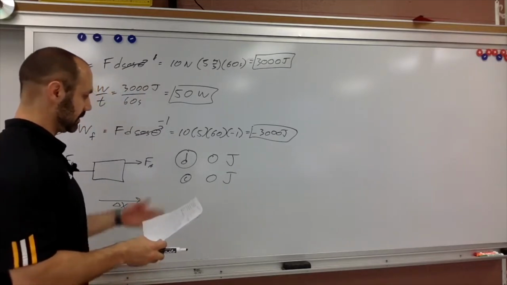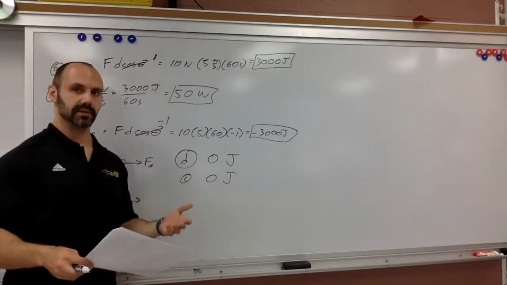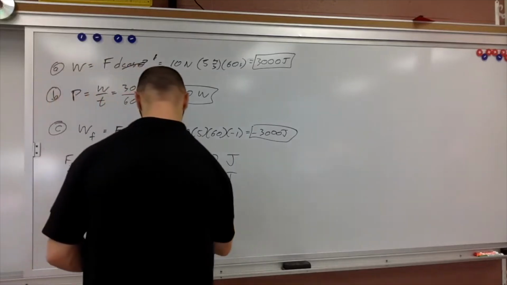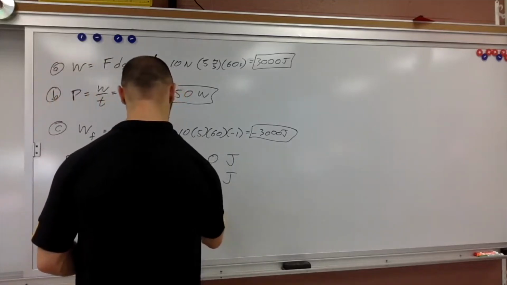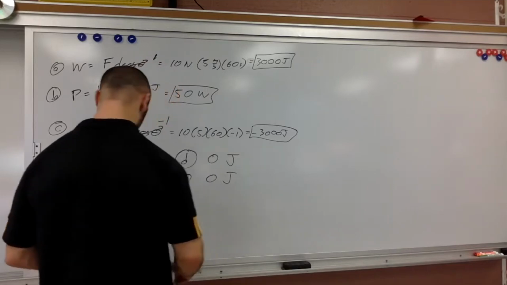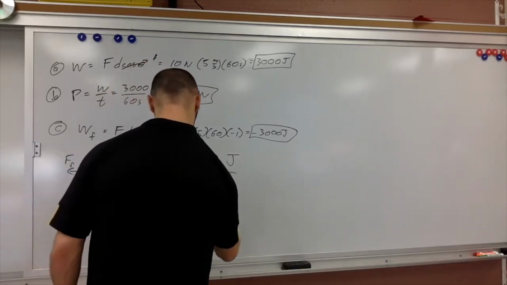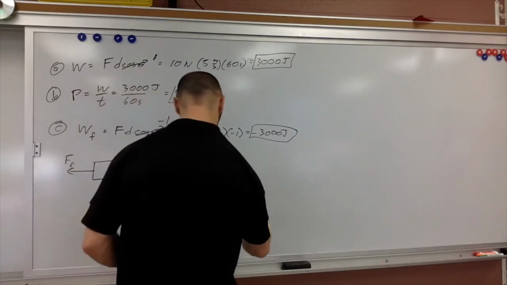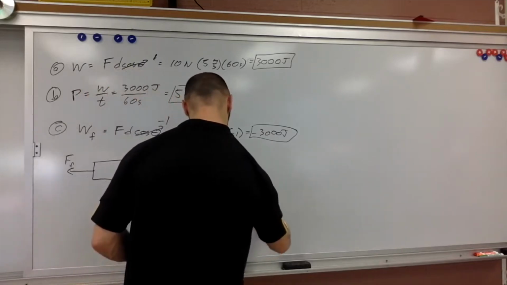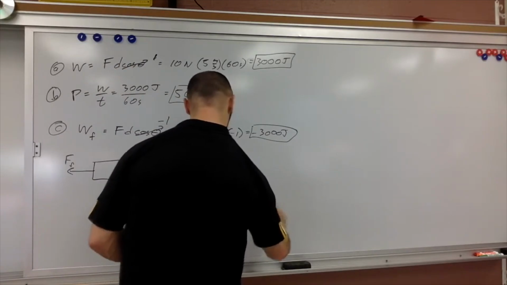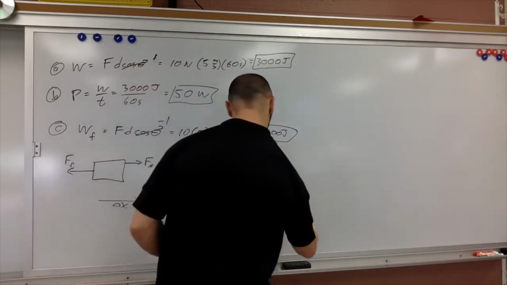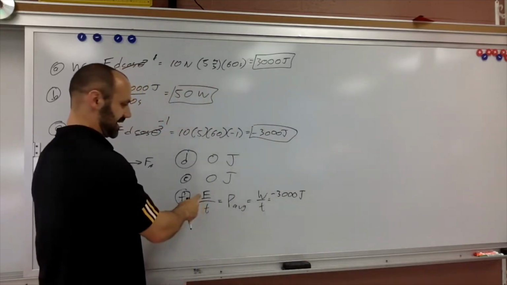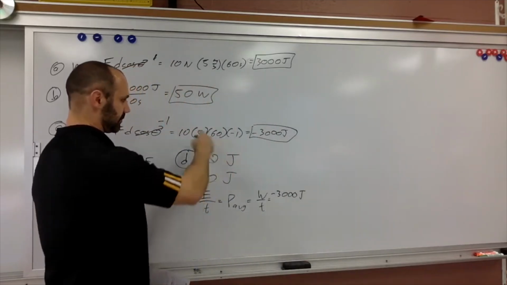Okay, so now the rate of energy dissipation, a rate of energy change is power. And so what we're looking at here is the change in energy divided by time. So that's P average. So that's work divided by time. So this is negative 3,000 joules, because what's contributing to this heat energy is the friction.